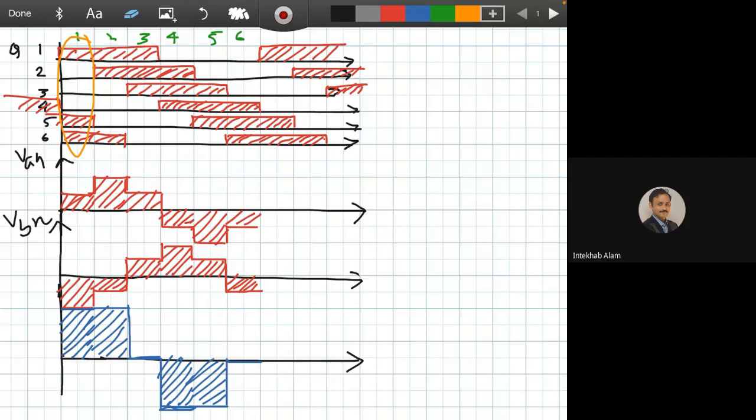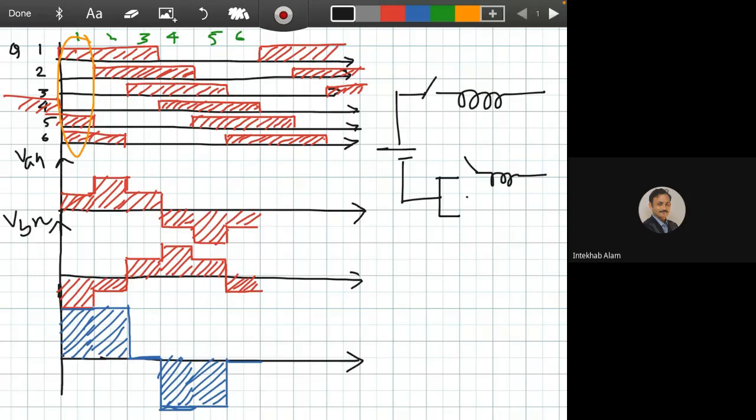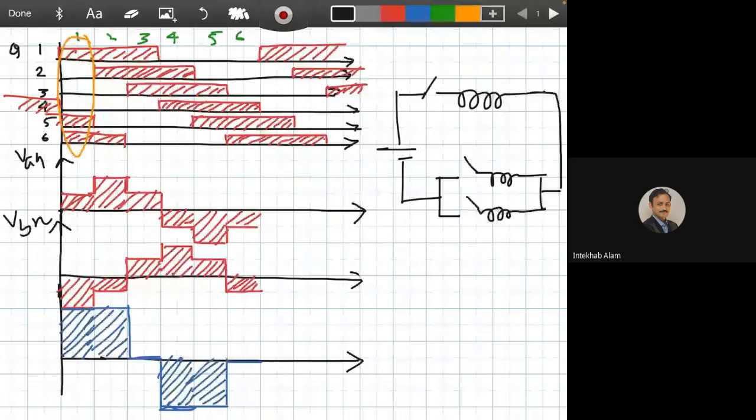So the circuit will be in this form. Five, 4, and 6. Yes, sir.